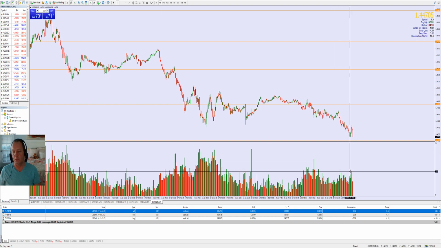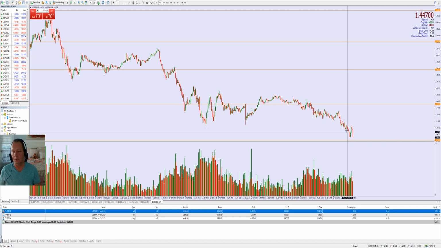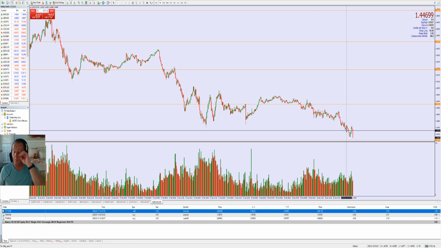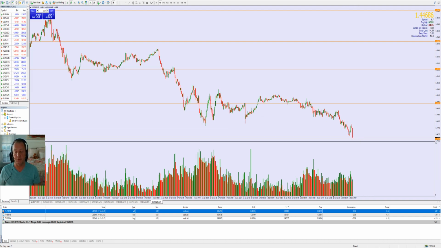So I guess the supply is starting to look at this section here, and the volume section is lower, lower, lower. So it's losing strength in the down move, but there's still supplies down here.